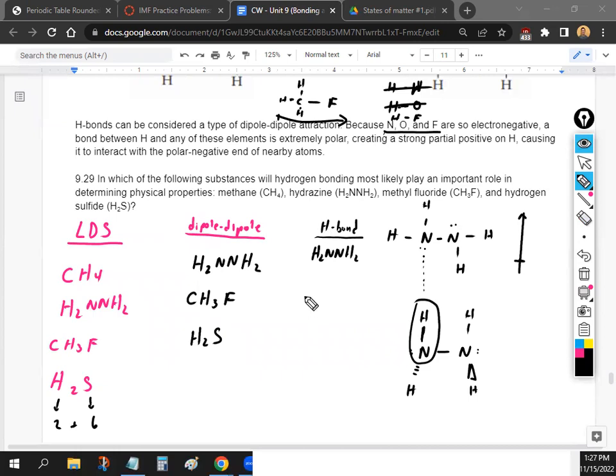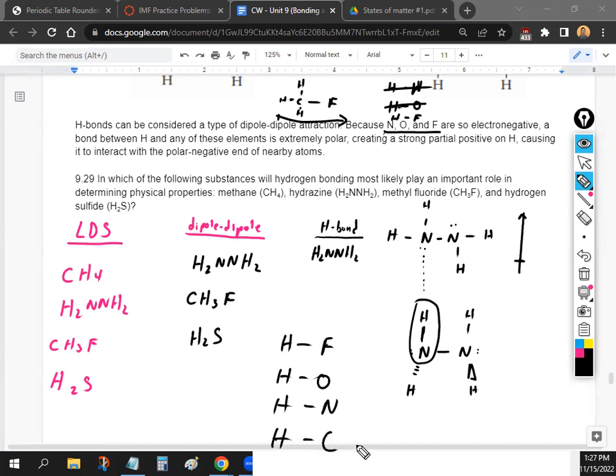Is it because carbon is not super electronegative like those three? Yeah, it has to be a hydrogen bonded to one of these three. It has to be H bonded to F, H bonded to O, or H bonded to N. It doesn't matter what these are connected to.